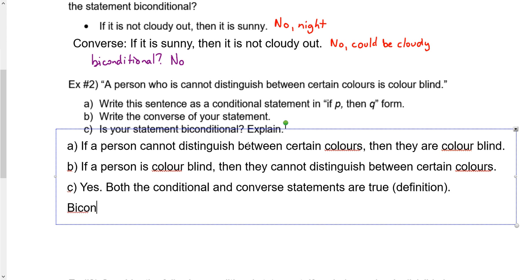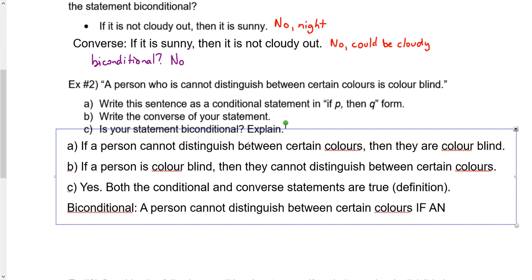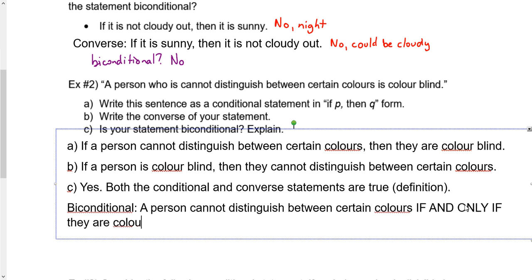So the biconditional statement would be saying: a person cannot distinguish between certain colors if and only if they are colorblind. So that's what the biconditional statement would say.